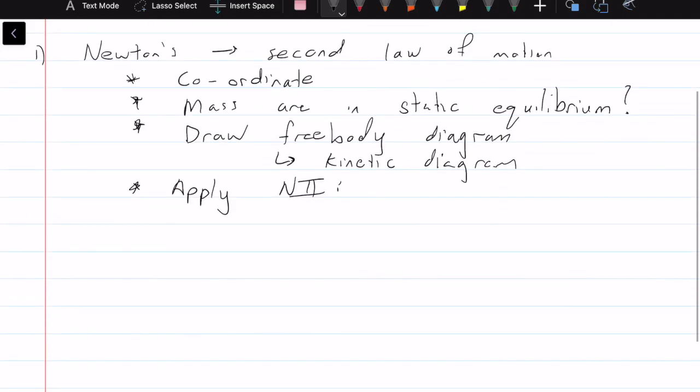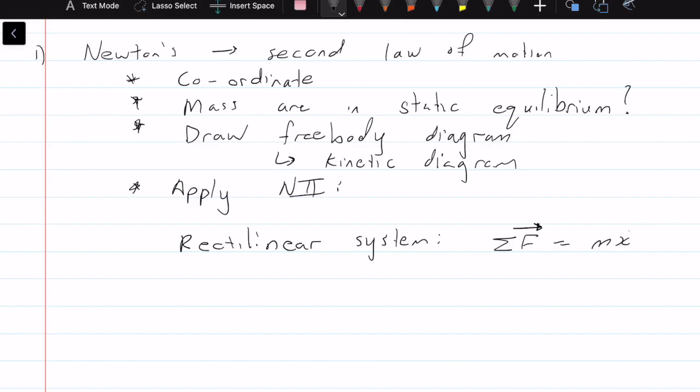There are two versions of Newton's second law: for rectilinear motion, or for translations, we can say for rectilinear systems, the form looks something like this. The sum of the forces in a given direction is equal to the mass times the acceleration in that same direction. This we are probably used to.